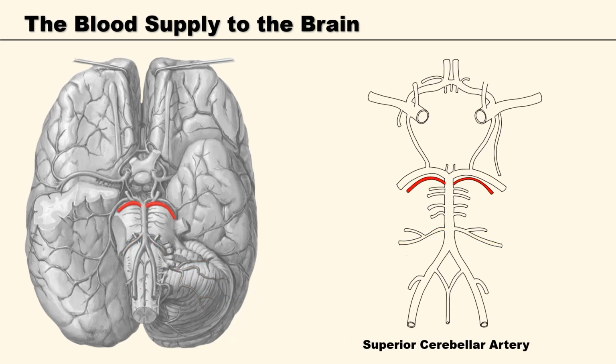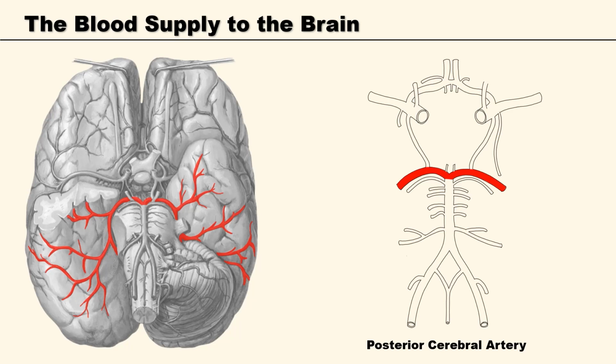These travel between the cerebrum and the cerebellum in a space called the transverse fissure and supply the superior surface of the cerebellum. And just as the basilar terminates, it gives off two posterior cerebral arteries. Again, these travel within the transverse fissure, but these arteries are not supplying the cerebellum, but instead are supplying the underside of the cerebrum, including the medial aspects of the occipital lobe.